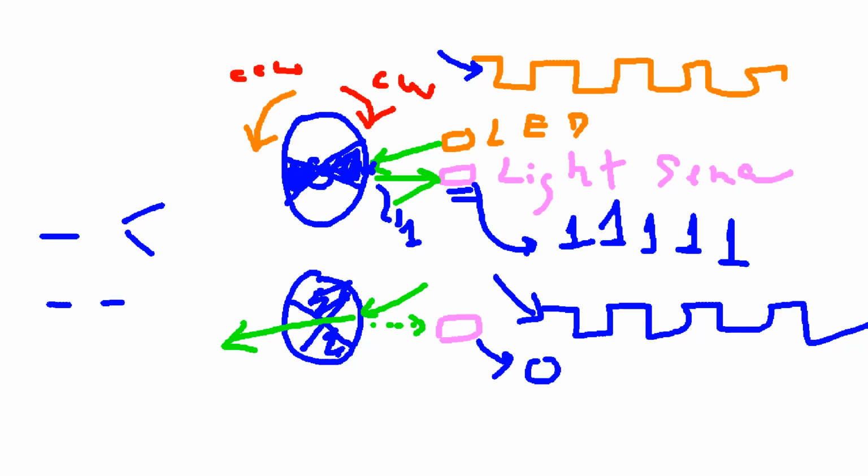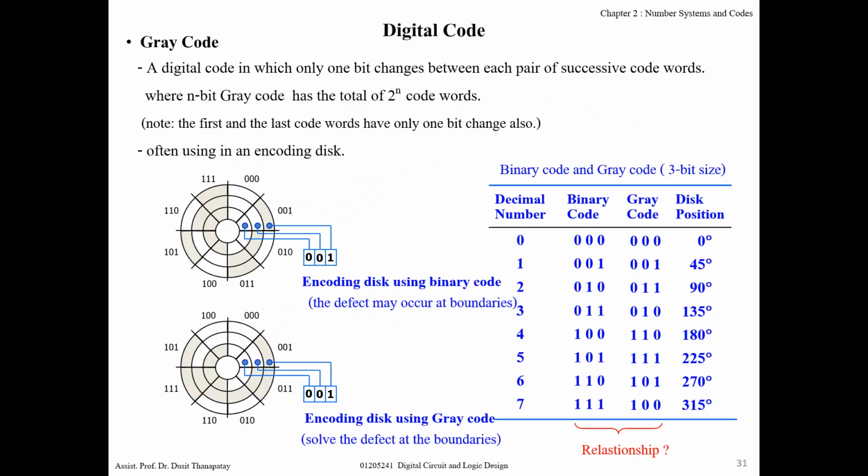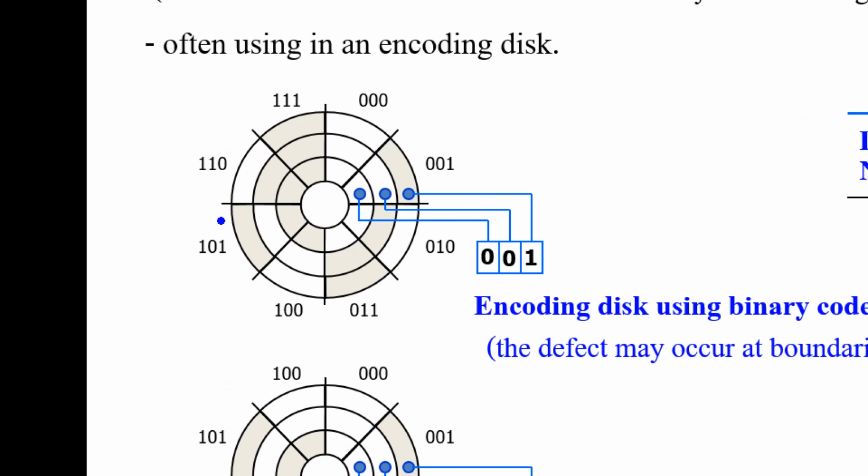So for example, in this case, I use 3 sets of sensors. Each sensor gives a 1-bit output, and let me paint the array something like this: transparent, opaque or dark, transparent, dark, and here transparent, and so on.